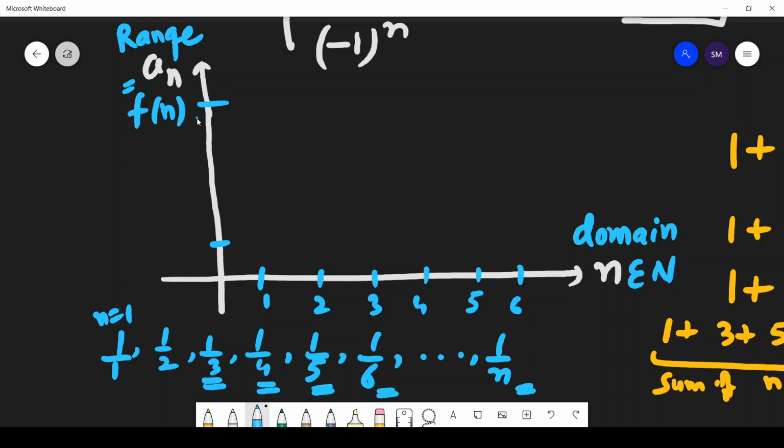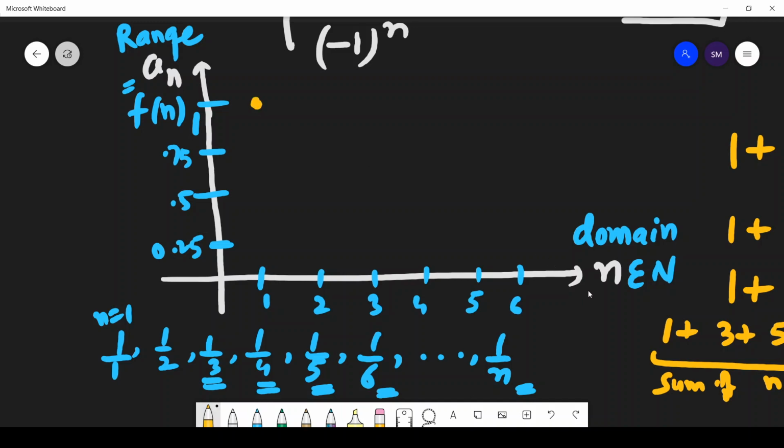Then I can divide it further into 0.75, 0.5, 0.25. So I've divided 1 in 4 parts. Now let us plot the first point. n is equal to 1, so f of n or a1 is equal to 1. Yes, I get this point. Agreed, students?